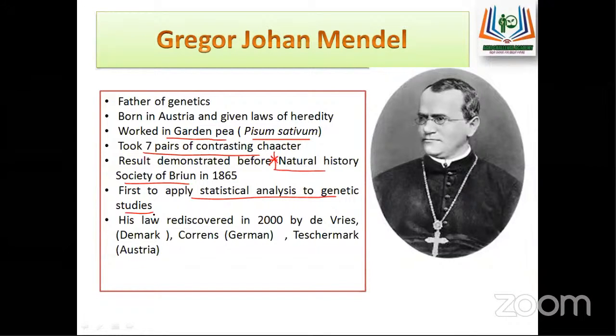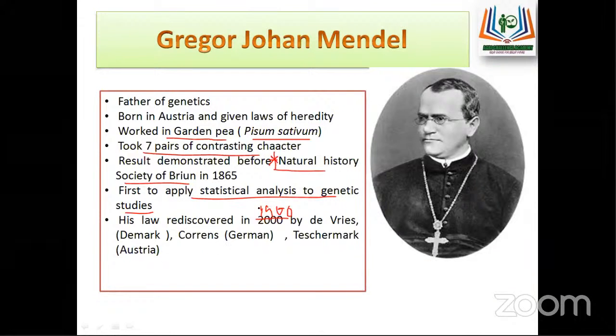Sorry, it is 1900. The paper was rediscovered in 1900 by three scientists: Hugo de Vries, Carl Correns, and Tschermak. Here you need to remember the three scientists' names and their countries of origin.